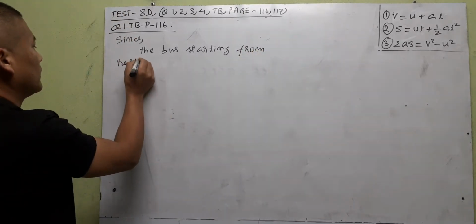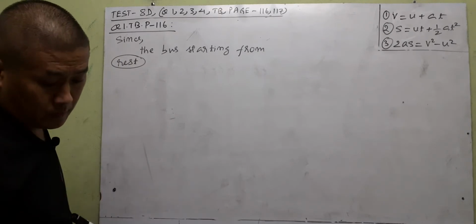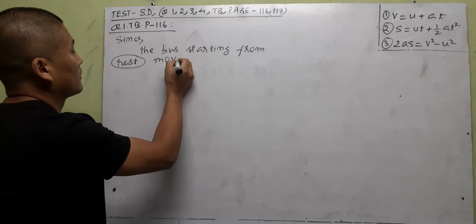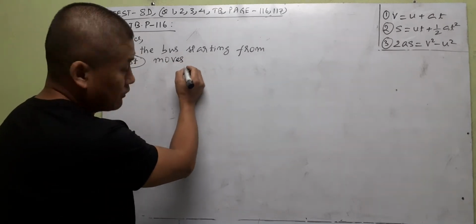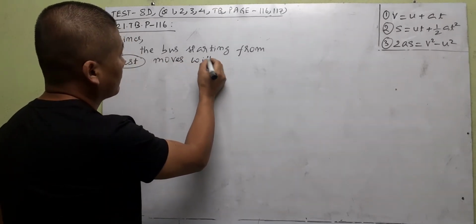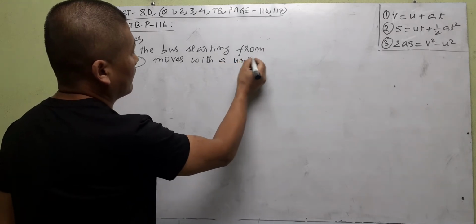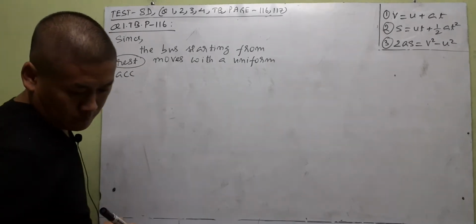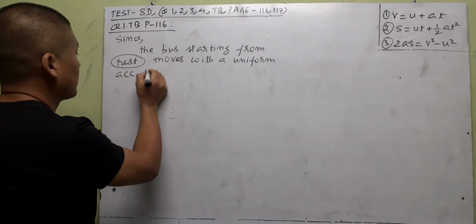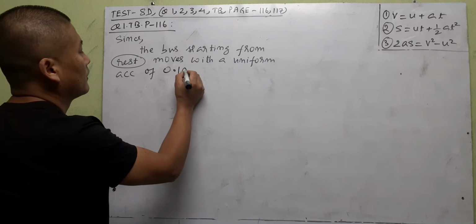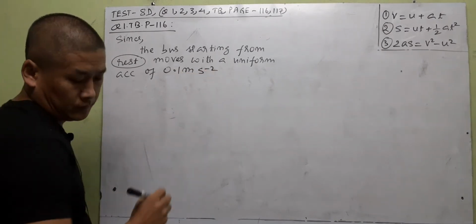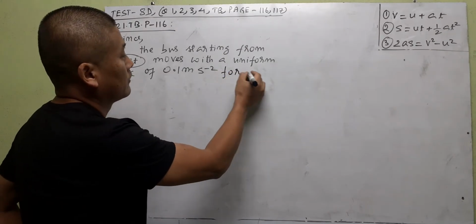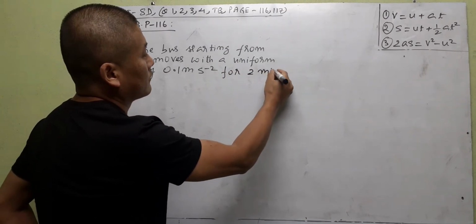So this is going to be a keyword here in this question, moves, okay, moves, with a uniform acceleration of 0.1 meter per second square for 2 minutes. So right here, for 2 minutes.